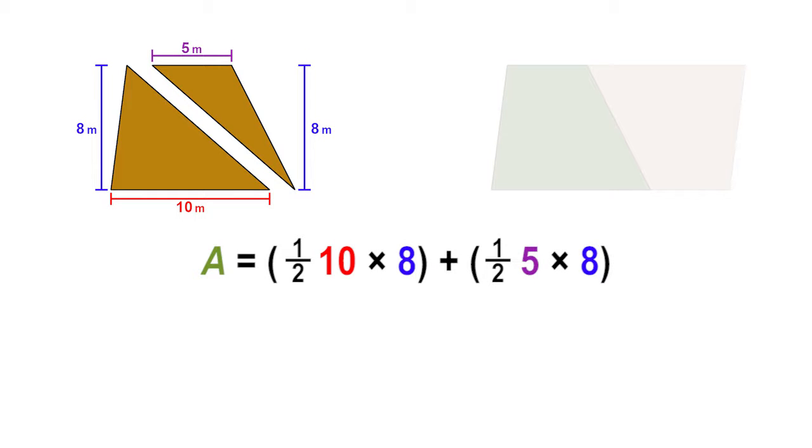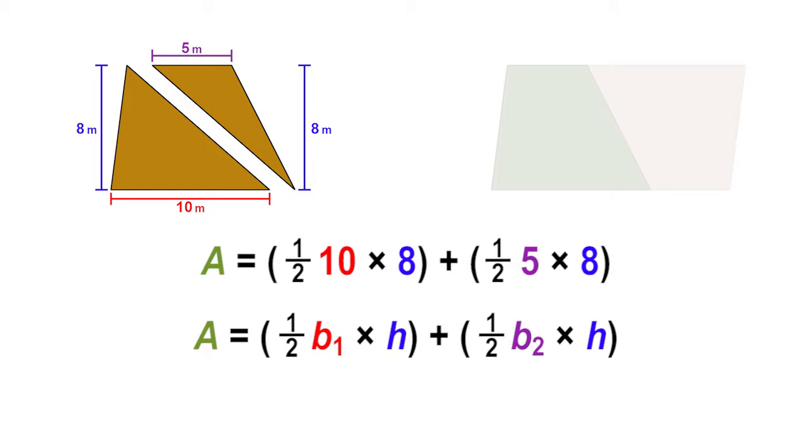Now let's look at how these two methods can lead us to the equation for finding the area of a trapezoid. In the first method, we found the area of both triangles. If we give each base a name, base 1 and base 2, we can see that we found the total area by multiplying both bases by the height of the triangles and then multiplying each triangle by 1/2.